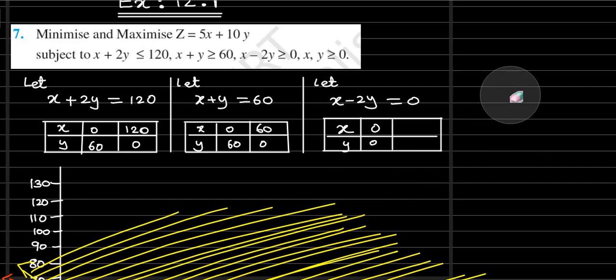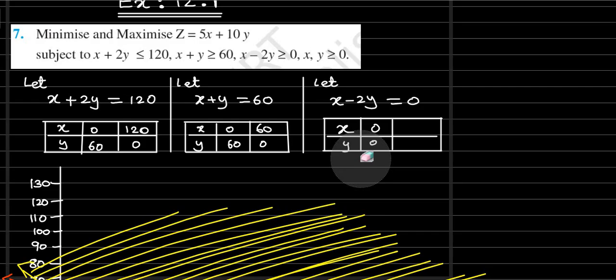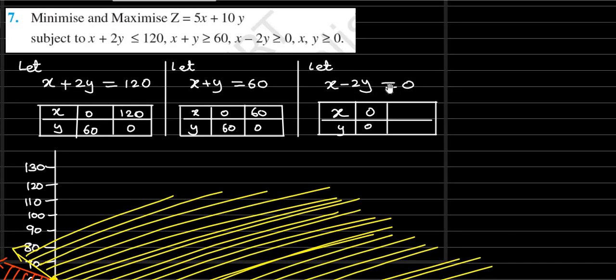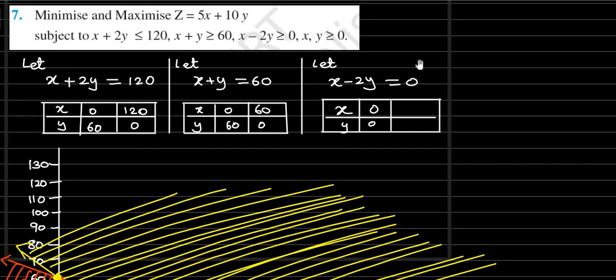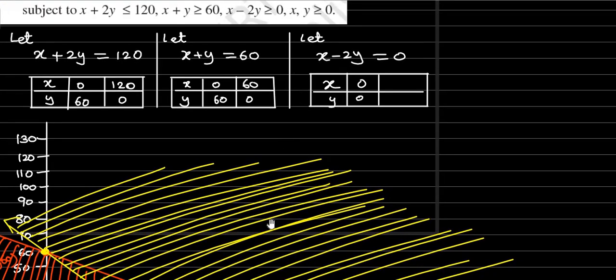Okay, with one point it's not possible to draw the line because infinite lines will pass through one point. So to get the x minus 2y equal to 0 line, we need one more point as well. For that, I'll substitute y as 10. Then x minus 2 times 10 equal to 0, so x minus 20 equal to 0, then x equal to 20.